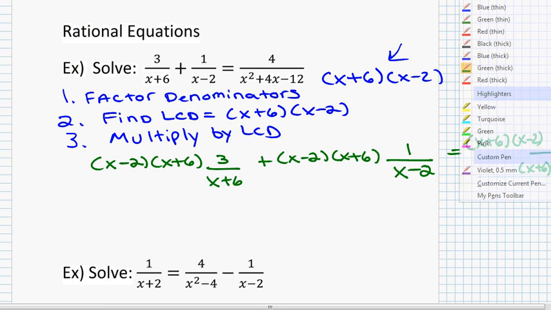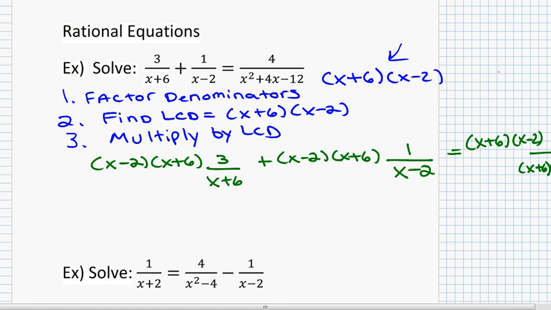So, when you do that, now you notice you can cancel out the fractions. So notice the x minus 2's cancel, then here both of them cancel.